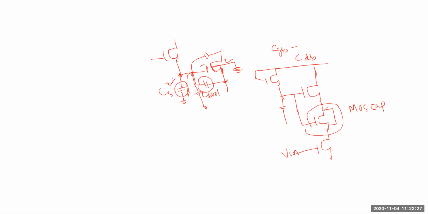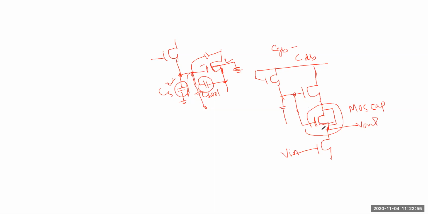Though this value is less, another capacitance, the MOSCAP, will be added to this in parallel. This is your output, from this point to this point. So this is a huge capacitance. You can control this capacitance by changing the width or length, so you can increase this capacitance to a higher value.